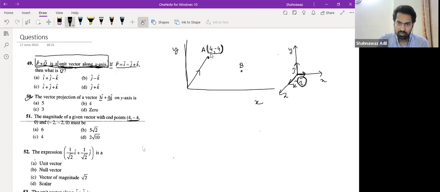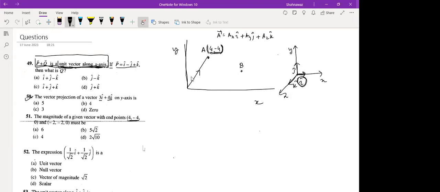So what would be the vector that represents this point? We can write any vector as x component, y component, and z component. Remember? So what is the x component? 4.